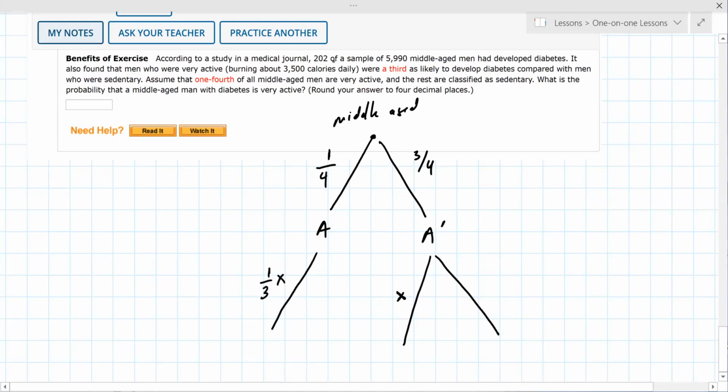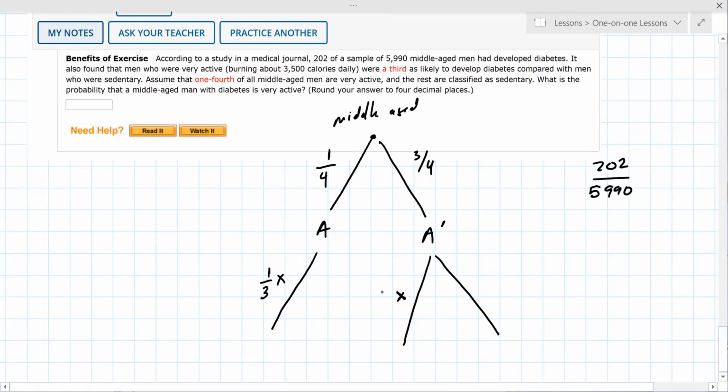Well, they tell you that 202 out of 5,990 got the diabetes, and this 1/3 x plus x has to equal 202, because these two numbers added together have to equal this fraction.